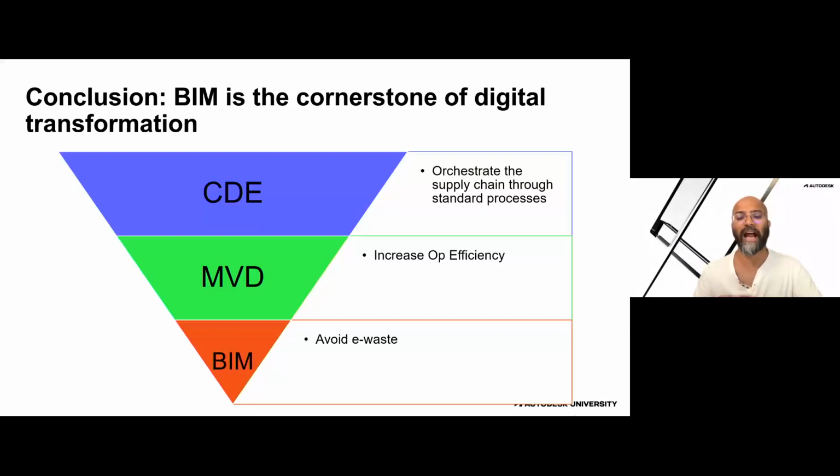Then it highlighted a less tangible and direct need, which is that of a common data environment: we need an environment, a platform, where people can collaborate in real time. And Giovanni talked about it in the quick win around how a federated model was shared across different supply chain partners on a CDE.